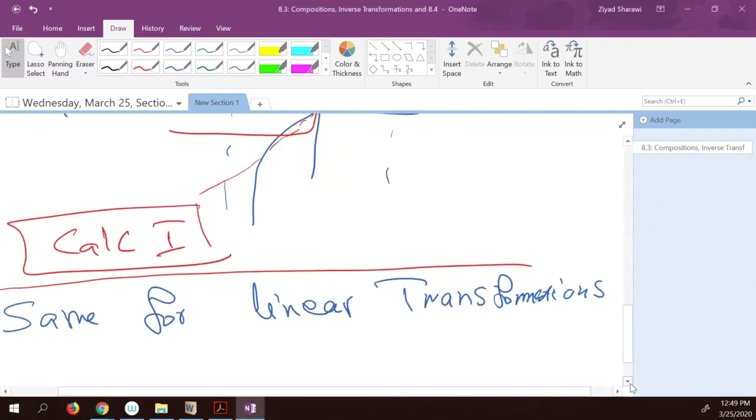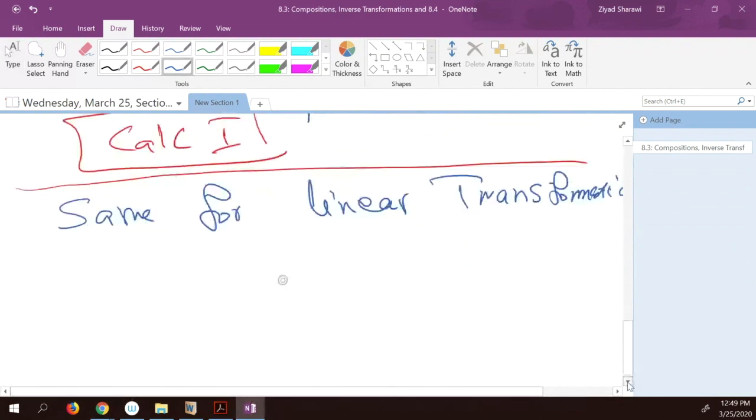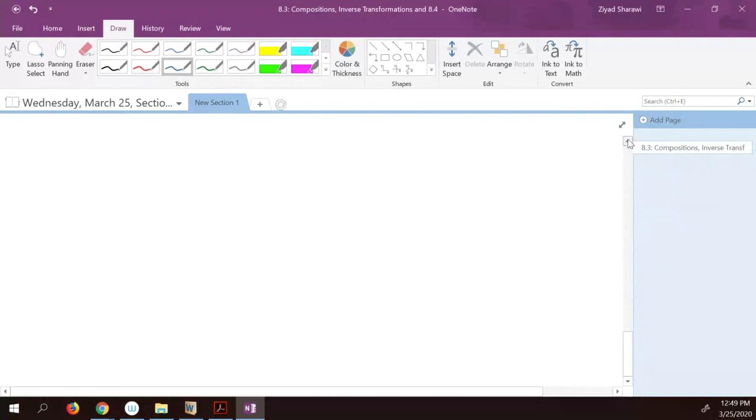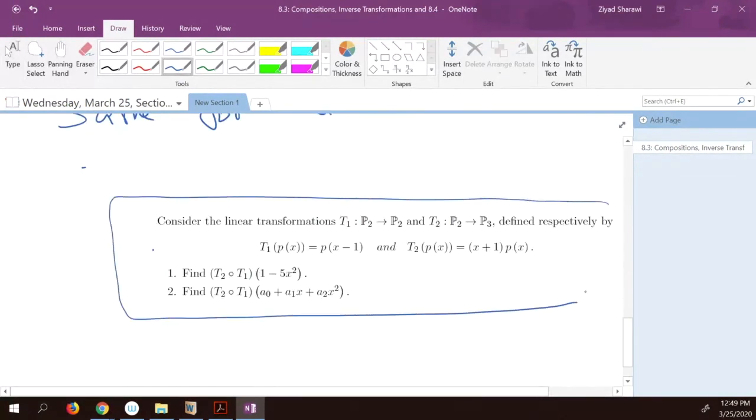Okay, so let's start here with two linear transformations. Let's take those two linear transformations. You have this one and you have this one. This is defined by this formula and this is defined by this formula.